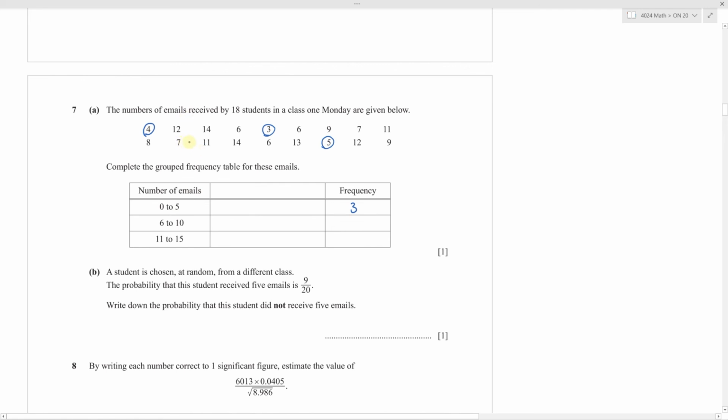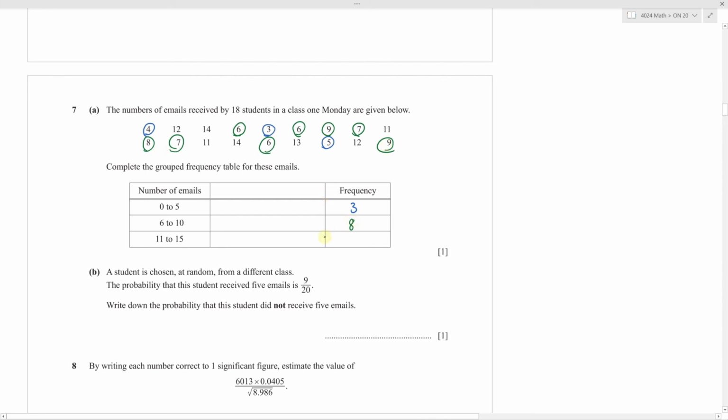So 6 to 10 will be this 6, then this 6, 9, 7, this 8, 7, 6, and then this 9. So this is 1 2 3 4 5 6 7 8.